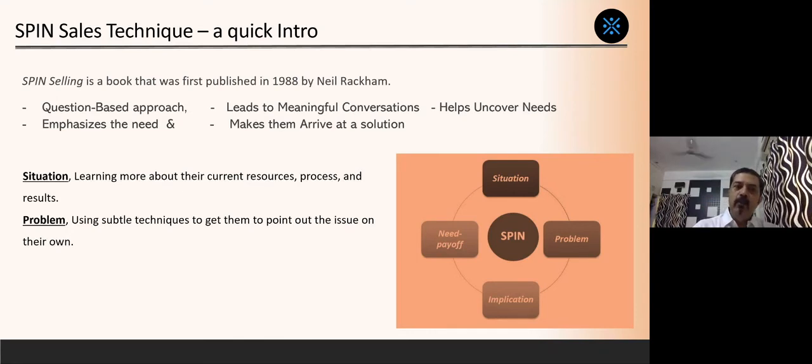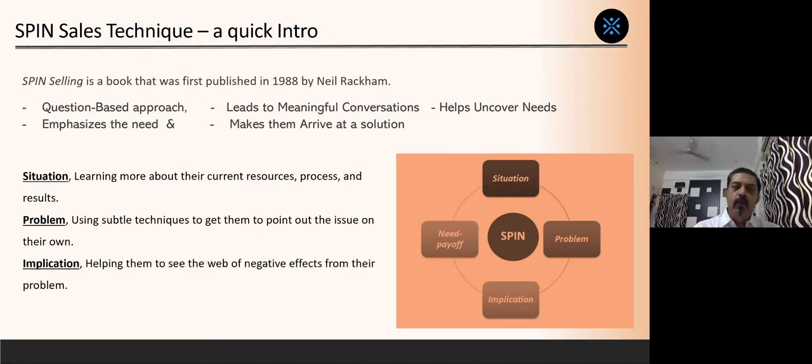And then you progress or transition onto a problem-based questioning, a set of problem-based questions. This is like you're morphing a particular situation and either by way of assuming or being conclusive or being direct, you are transitioning into a problem-based question. Right?